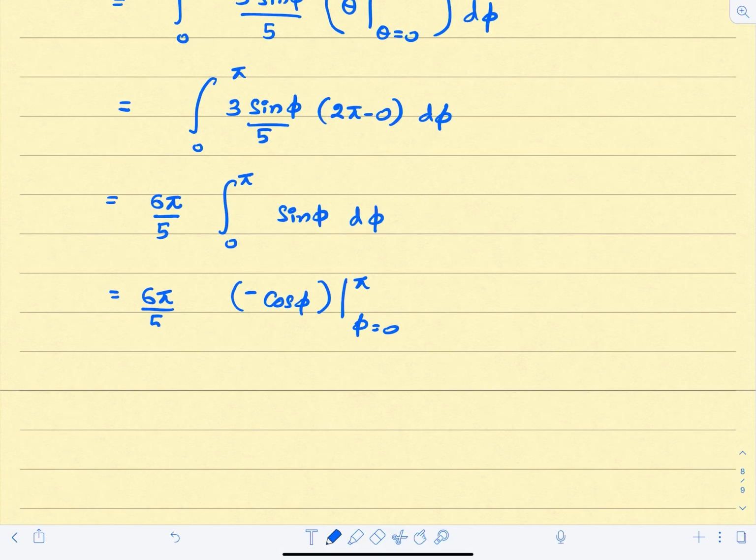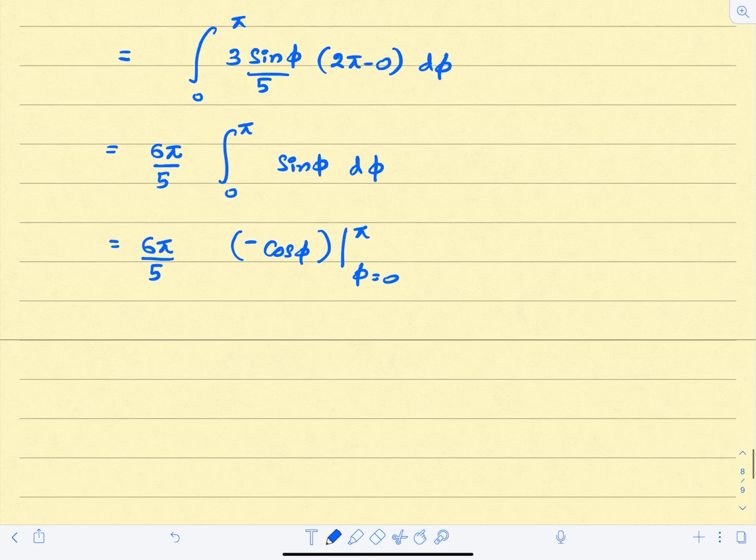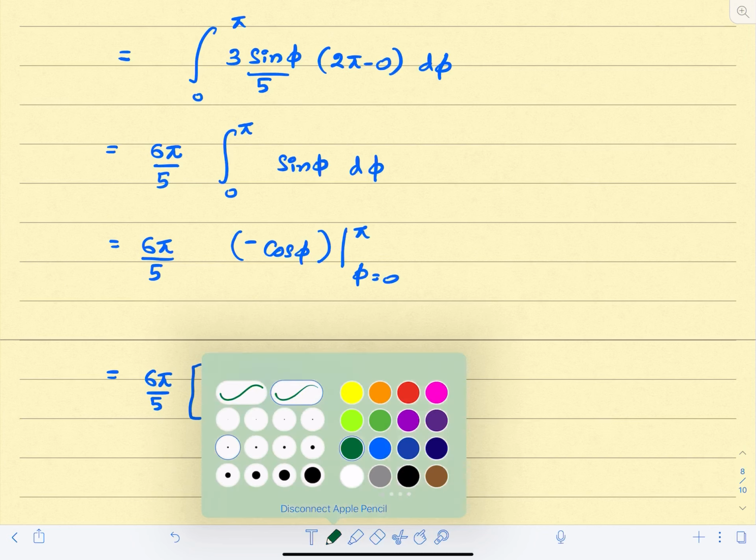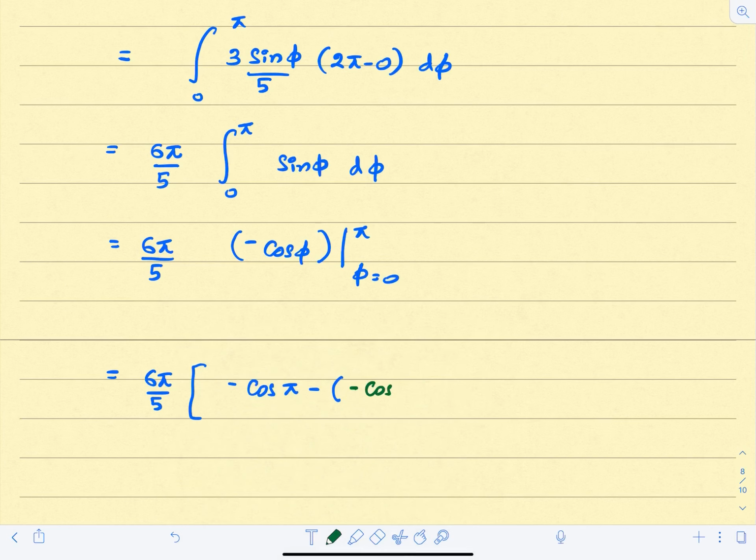And now we are ready to apply the limits. So we have 6 pi over 5 times minus cosine pi minus minus cosine 0.